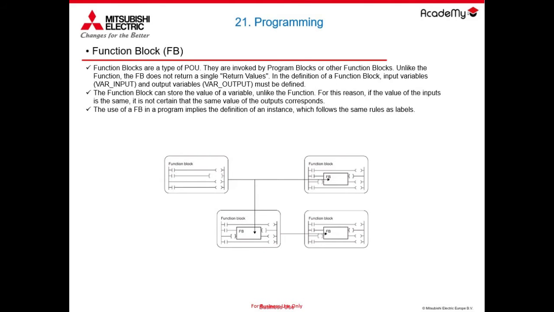As in the example we are giving, one axis will perhaps be in speed, the other will be in homing, the other will be in error, but the function block is unique and they will differ from each other through the instances, the concept of instances.